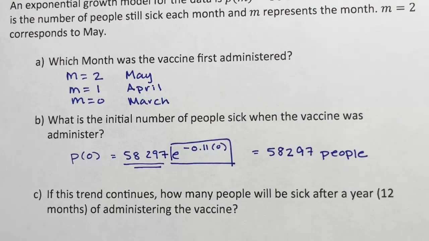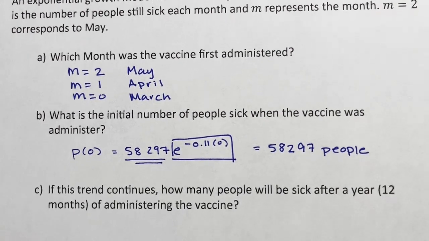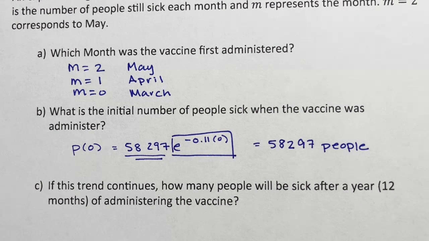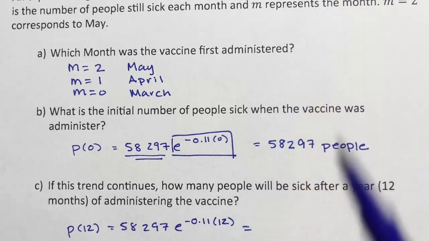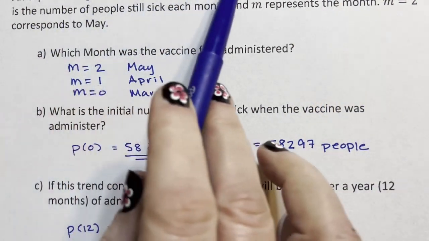All right, so then the next question says, if this trend continues, how many people will be sick after a year, 12 months of administering the vaccine? This we do need a calculator. P of 12 equals 58,297 e to the negative 0.11 times 12. Notice September, that's only going to be 6, 2, 3, 4, 5, 6.